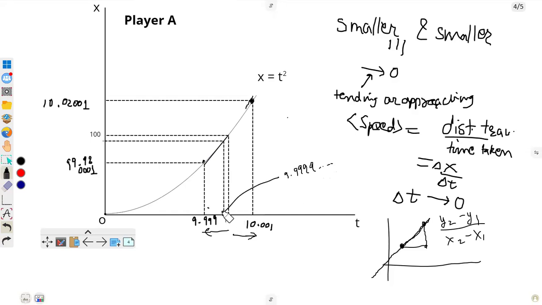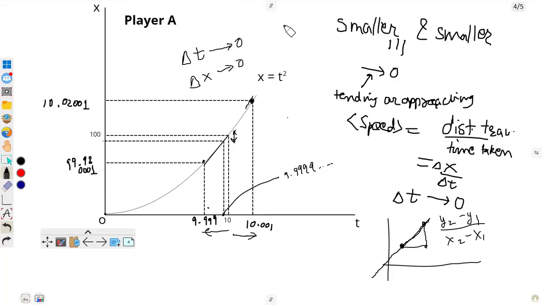It's very close to 10. And so what will happen is, as our delta t tends to zero, the distance traveled in this time interval, delta x will also tend to zero.